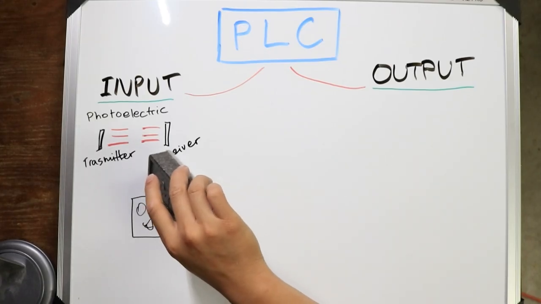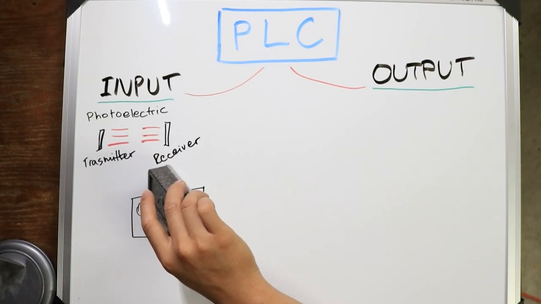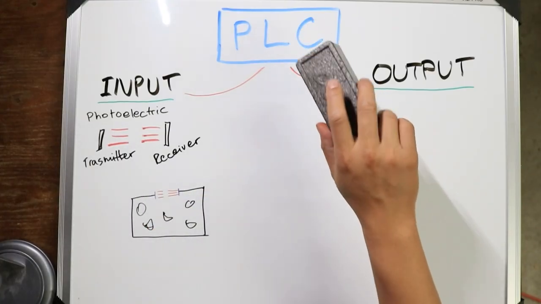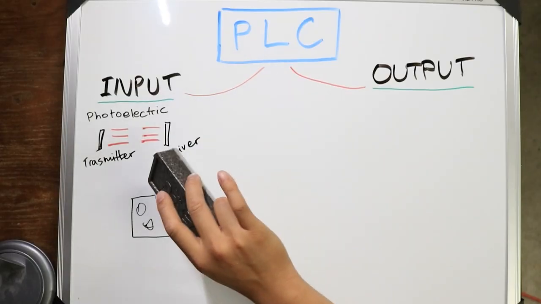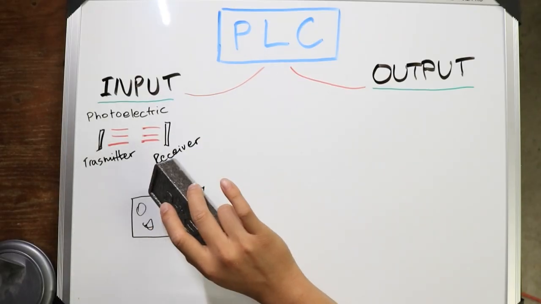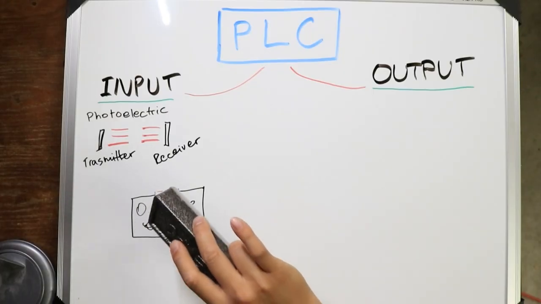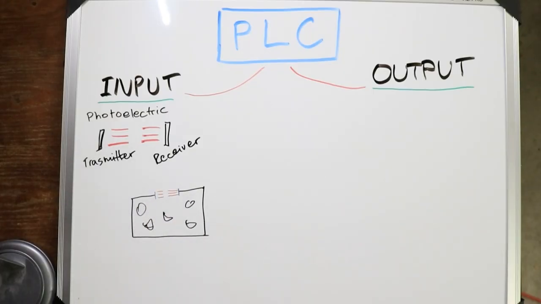The minute they break that through beam, the cell will stop, because the PLC has been programmed so that if anybody breaks that through beam, the cell has to immediately stop. This is for safety, so that they don't get injured accidentally walking into a cell when everything's running, and get really hurt.